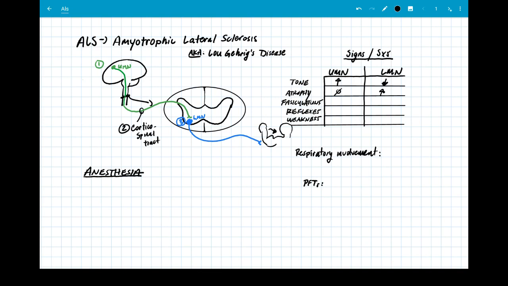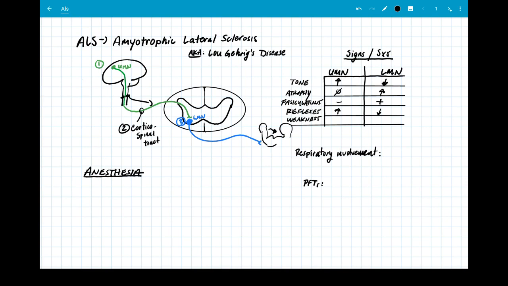With upper motor neuron diseases, they do not typically have muscle fasciculations. With lower motor neuron disease, they do have muscle fasciculations. For upper motor neuron diseases, they tend to become hyperreflexic. In lower motor neuron diseases, they become hyporeflexic.